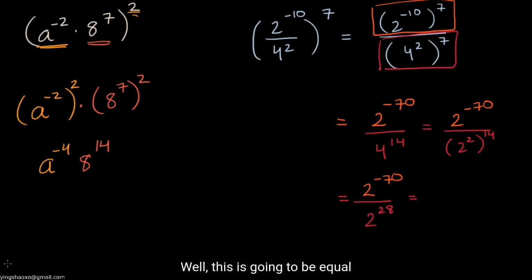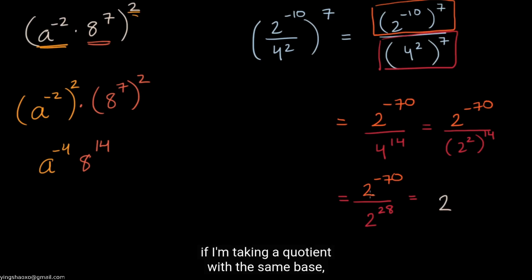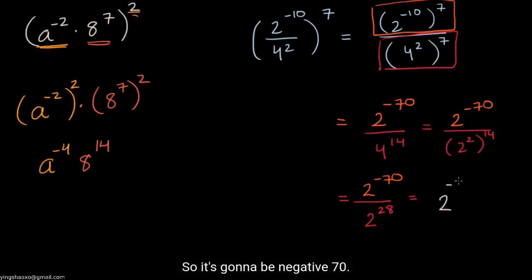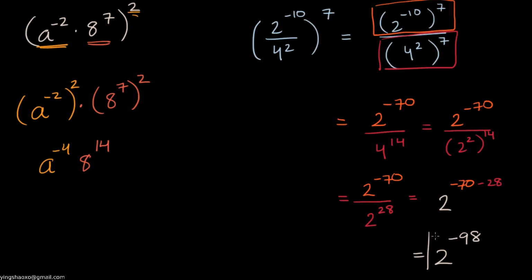Well, this is going to be equal to 2 to the, if I'm taking a quotient with the same base, I can subtract the exponents. So it's going to be negative 70 minus 28. And so this is going to simplify to 2 to the negative 98th power.